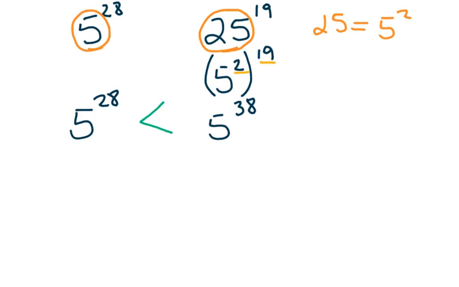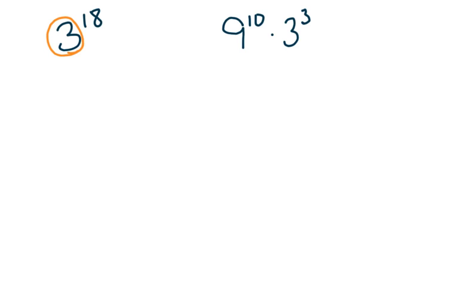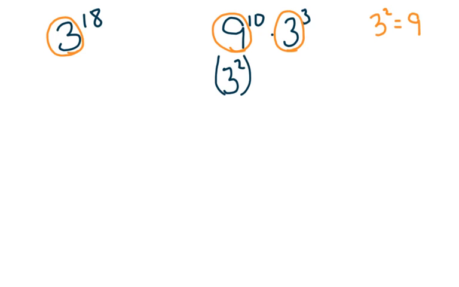Let's try another one. 3 to the 18th power compared to 9 to the 10th times 3 to the 3rd. So again, we're looking at the bases, 3, 9, and 3. We want all the bases to match up, so I'm going to change that 9 to be 3 squared. So I have 3 squared raised to the 10th times 3 to the 3rd.